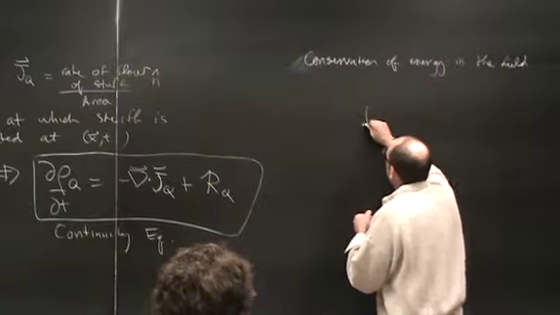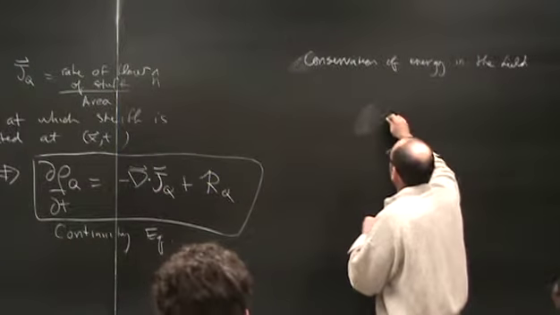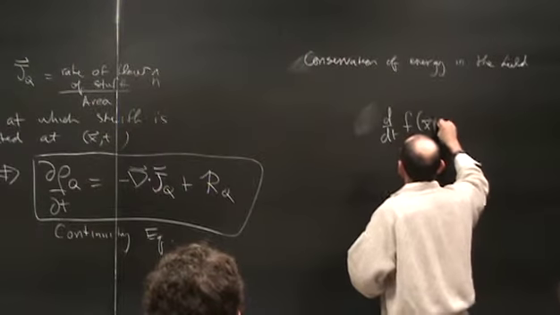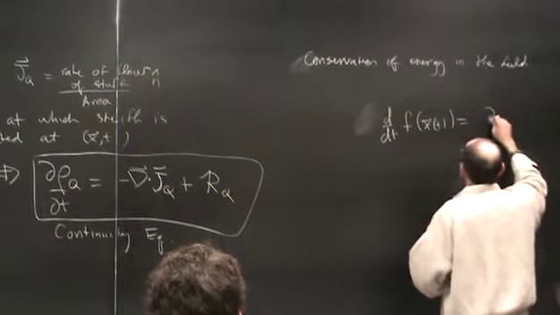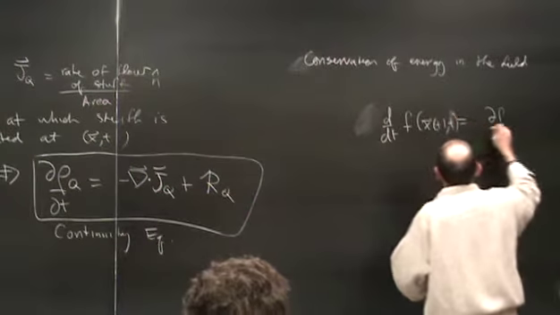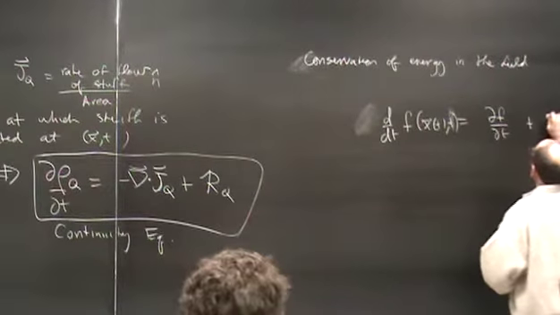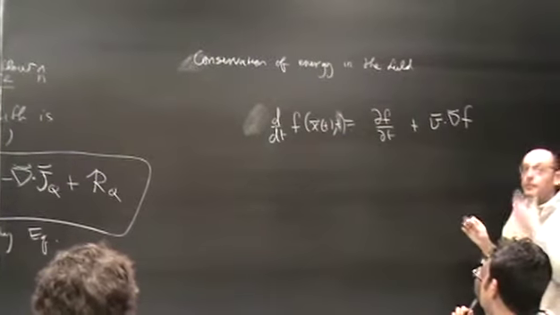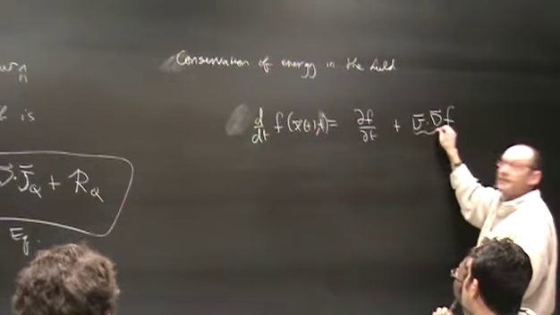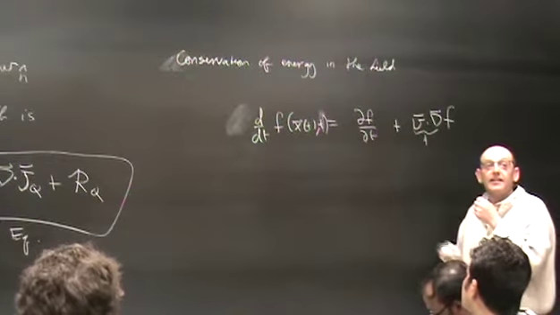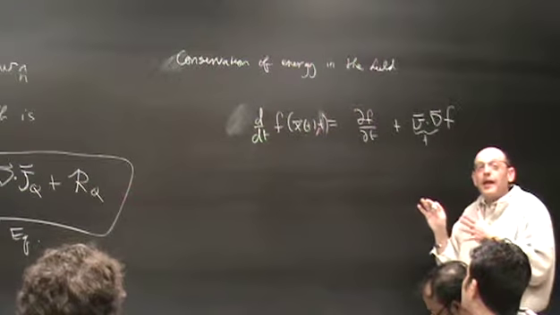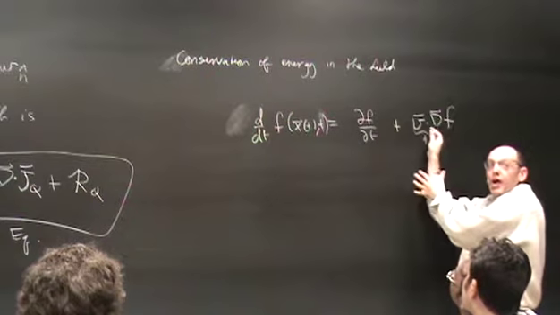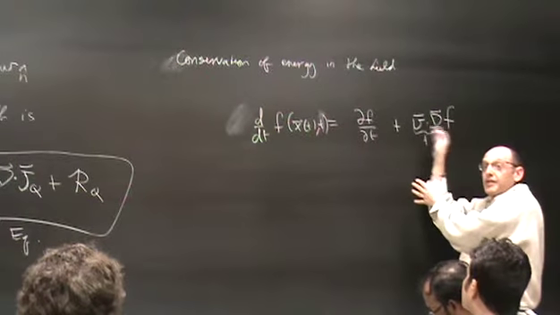If I wanted to look at the time derivative of a function that's a function of time, then this is the partial, if it's also an explicit function of time, plus v dot grad f, for example. So then I'd have to think about how these terms affected that. It's not a simple problem. I have to think pretty carefully about the specific context. But I'd have to think about this flow, right? Because the thing is moving.